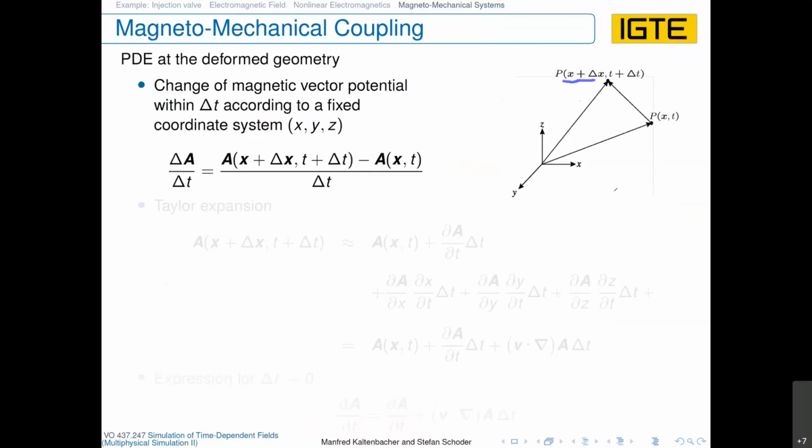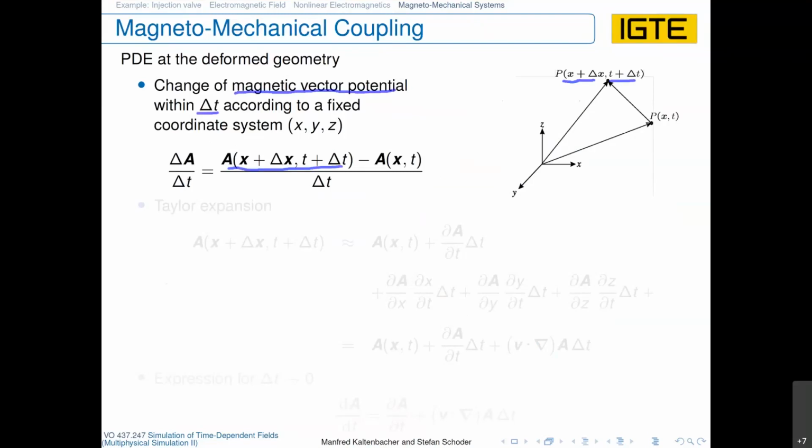And what we are now interested in is the change of the magnetic vector potential within a time step delta t. And the total change, if we write it down first with finite differences and then letting go delta t to 0 to come up to, at the end, the partial differentials, we have the following, that we have to evaluate the magnetic vector potential at the new position.